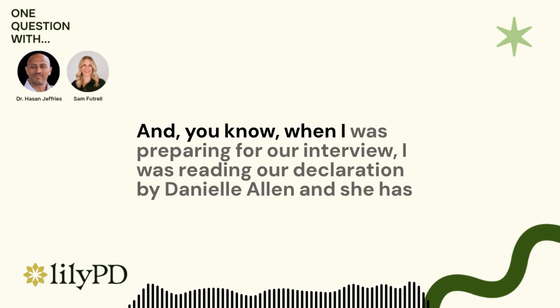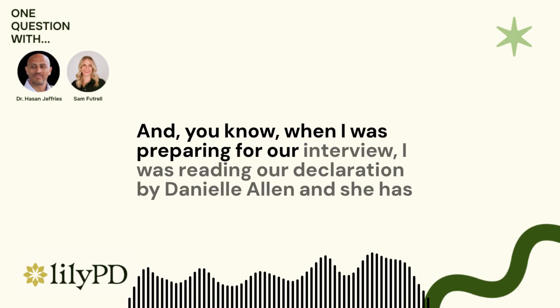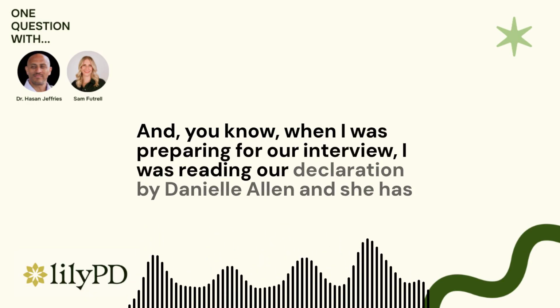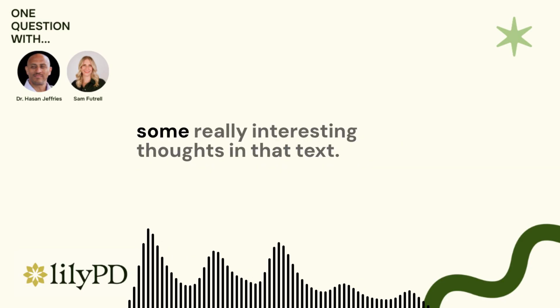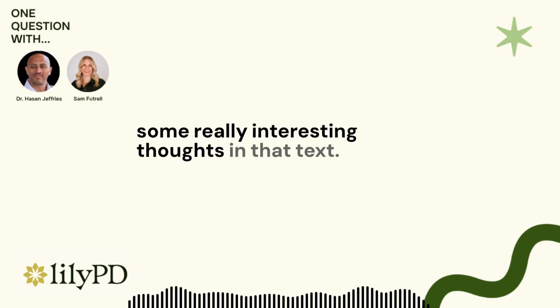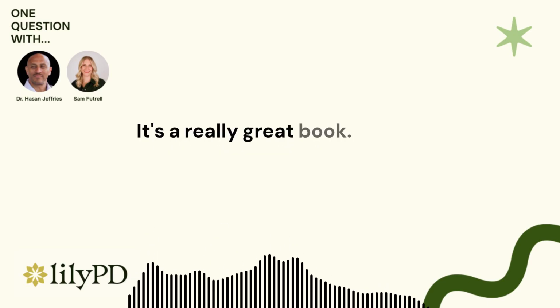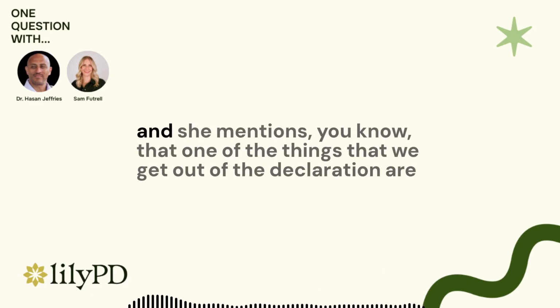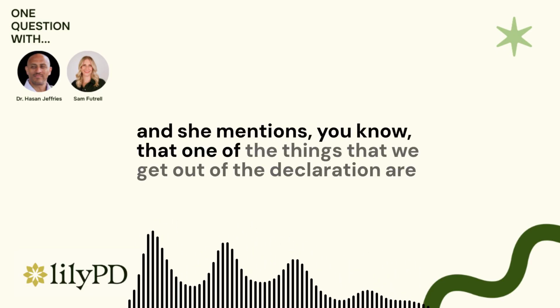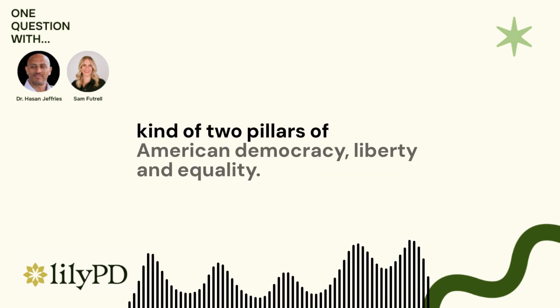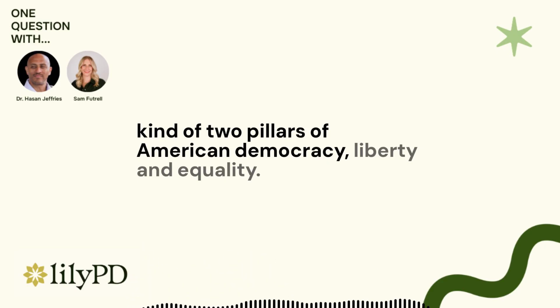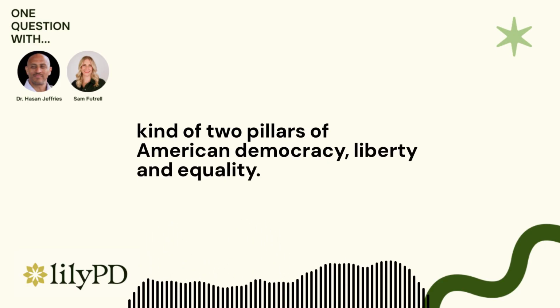And when I was preparing for our interview, I was reading Our Declaration by Danielle Allen, and she has some really interesting thoughts in that text. It's a really great book, highly recommend it. She mentions that one of the things we get out of the Declaration are two pillars of American democracy: liberty and equality.